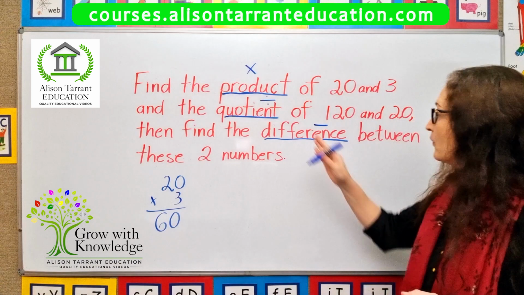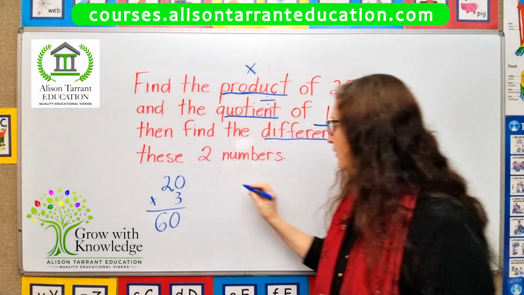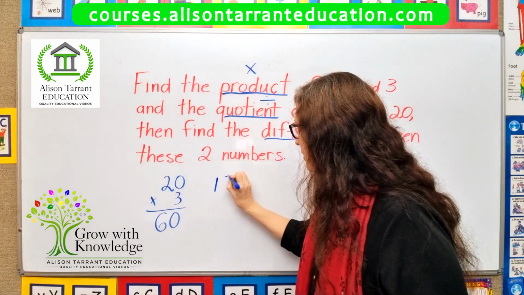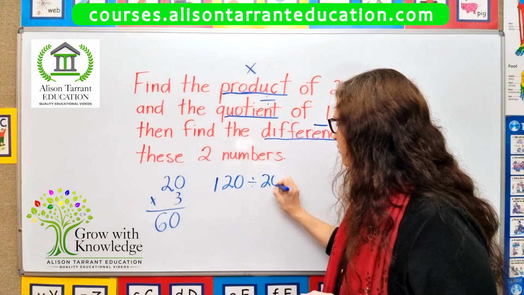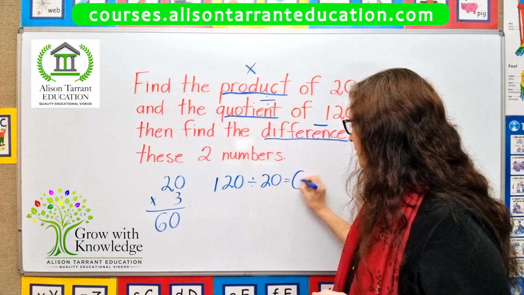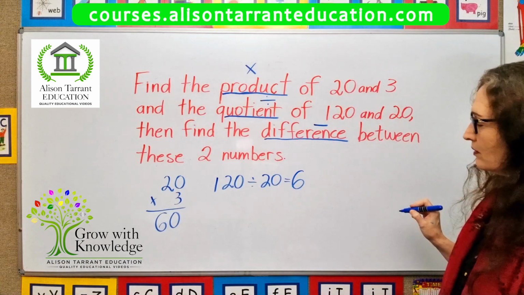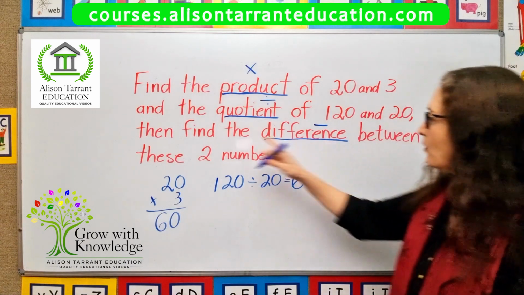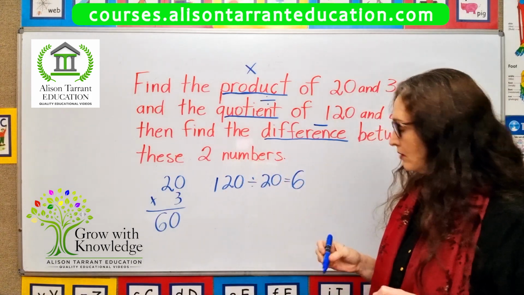And then if we find the quotient of 120 and 20, we will go like this. 120 divided by 20 is 6. And then it's asking us to find the difference between these two numbers.